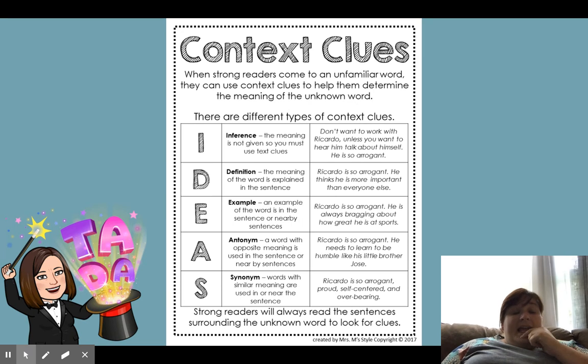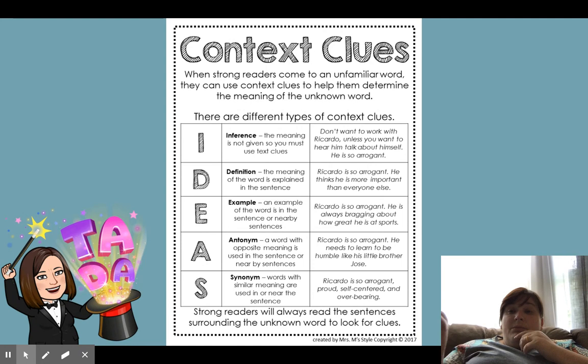The A in IDEAS is antonym. Antonym is a word that has the opposite meaning, used in the sentence or a nearby sentence. So an antonym is the opposite of the meaning. Ricardo is so arrogant, he needs to learn to be humble like his brother. So his brother Jose is humble, but Ricardo is arrogant.